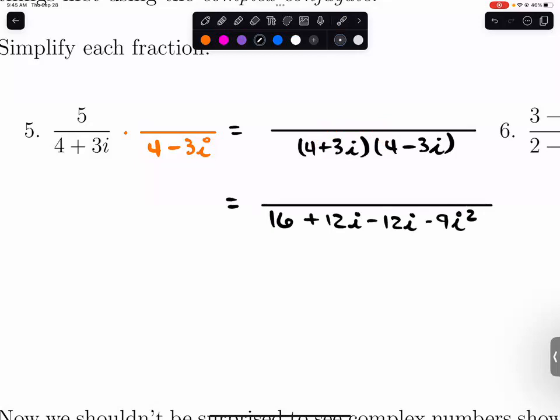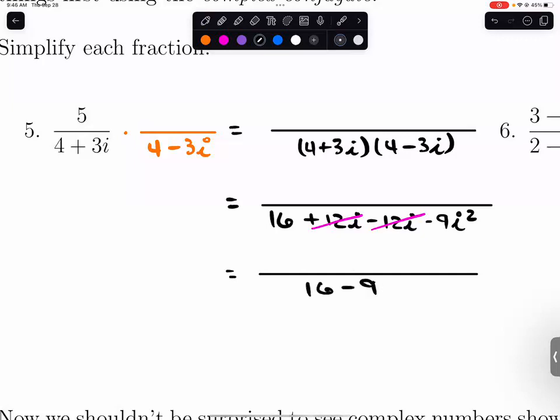So cool, we just expanded that product out. What happens though? Positive 12i minus 12i is 0. So those cancel, those drop out. Okay, that's good, right? Less stuff is always good with me, fewer things to write down. And they were both i terms, so those are gone now. What do we still have though? 16 minus 9i squared.